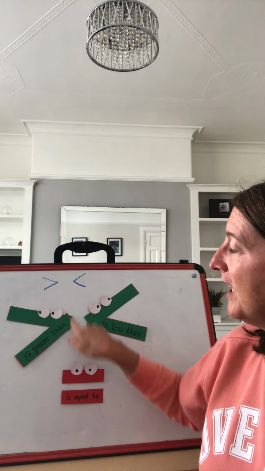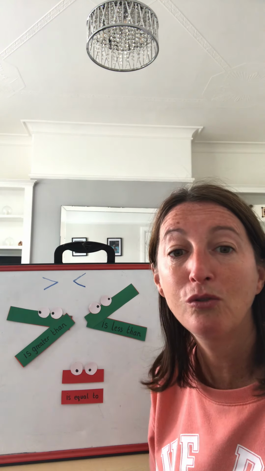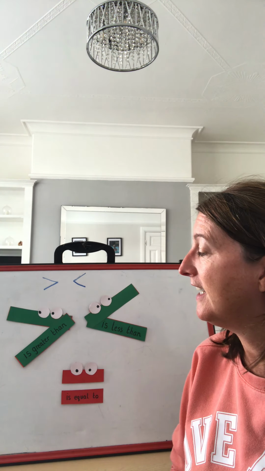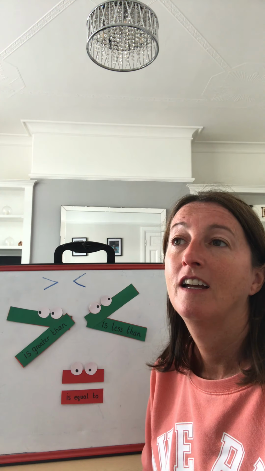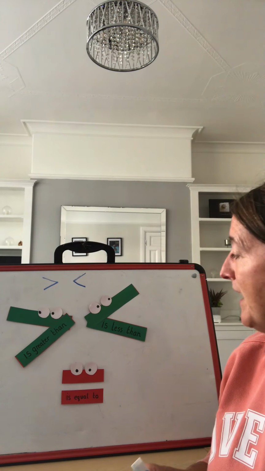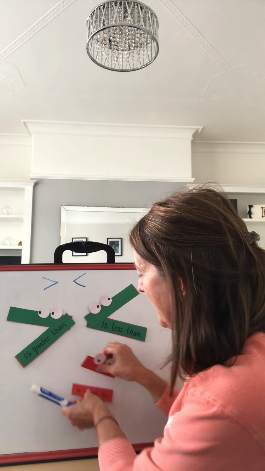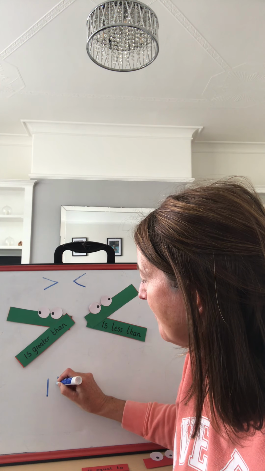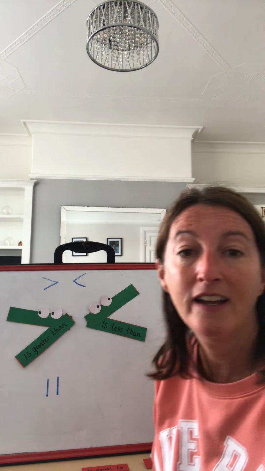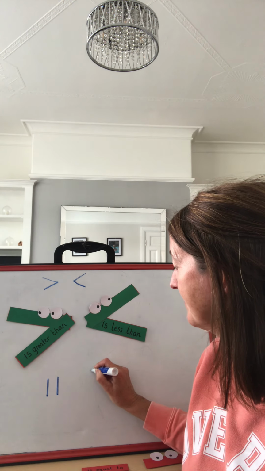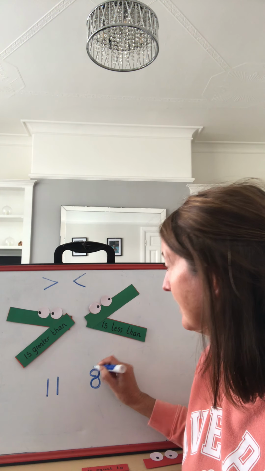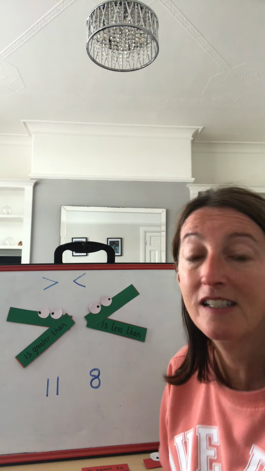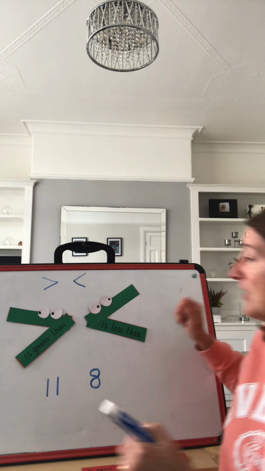So we're looking at numbers. If I had two numbers, so if I had 11 and 8, if I was looking at which is the biggest, you can obviously go back and use your number line.